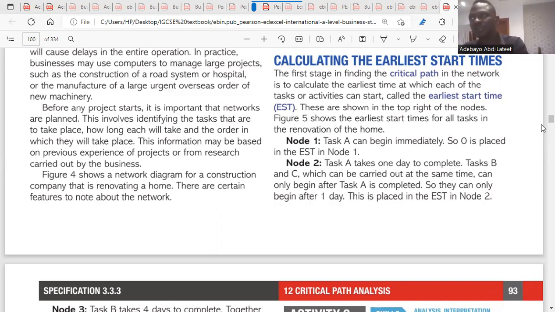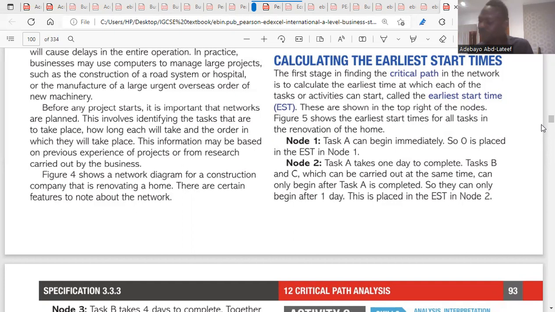That's the EST. Then after the EST, we have the LFT, the latest finish time. What does it imply? If there's a delay within the task, it will not affect the project. That is the latest finish time. Here I wrote: the next step involves calculating the latest finish time that each task can finish without causing the project to be delayed.